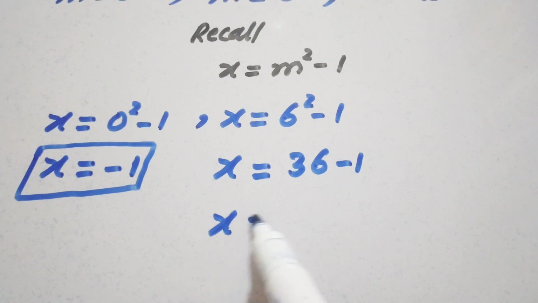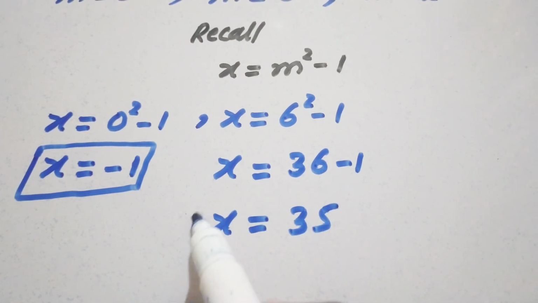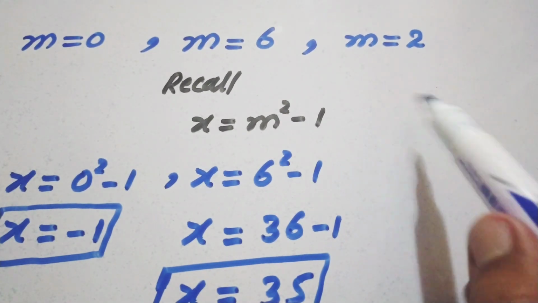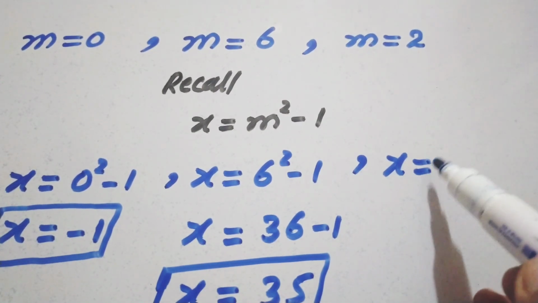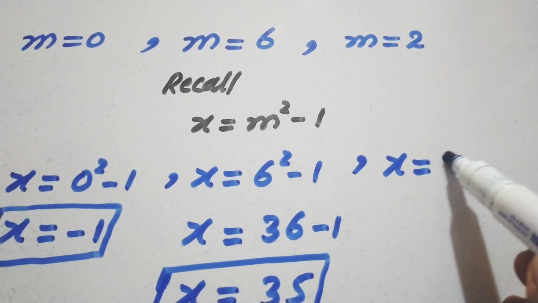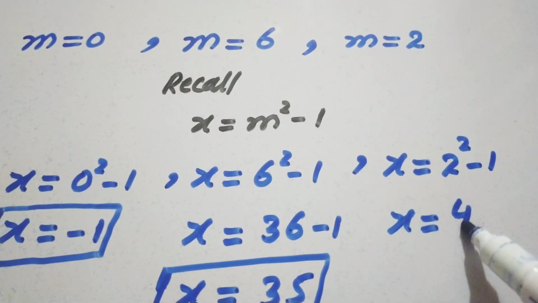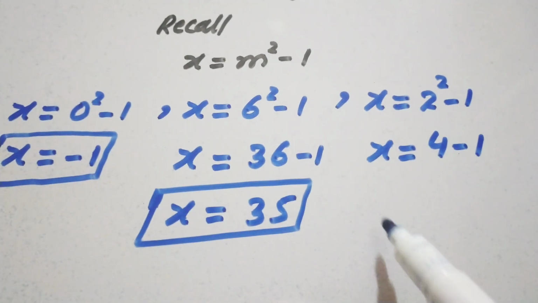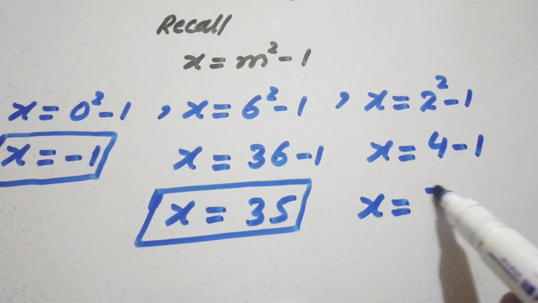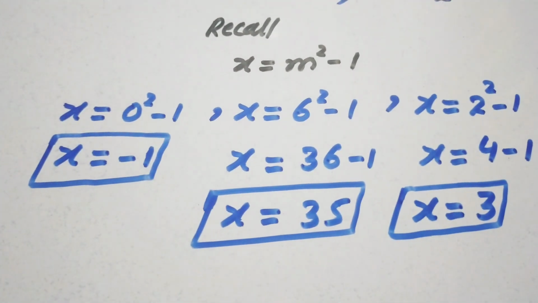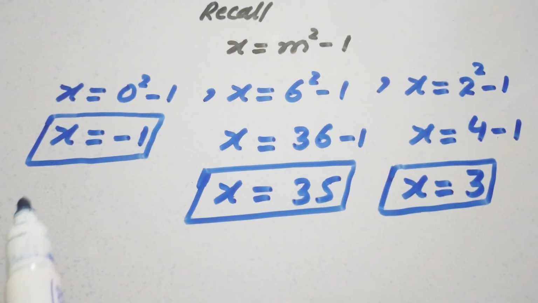So we get x is equal to 35. And when m is equal to 2, we get x is equal to 2 squared minus 1, and here 2 squared gives us 4 minus 1. So x is equal to 3. So we have found the values of x, which are -1, 35 and 3. Thank you for watching.